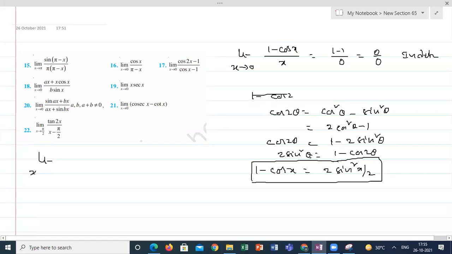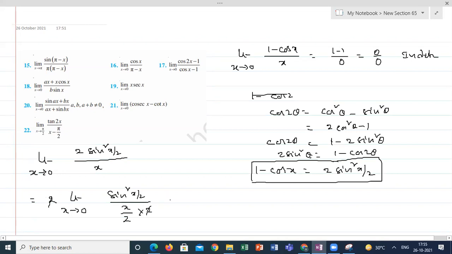So limit x tends to 0, 1 minus cos x is 2 sin square x by 2, divided by x. This 2 I am taking out. Limit x tends to 0, sin square x by 2 divided by x. I am multiplying with 2 and dividing by 2. This 2 cancels.